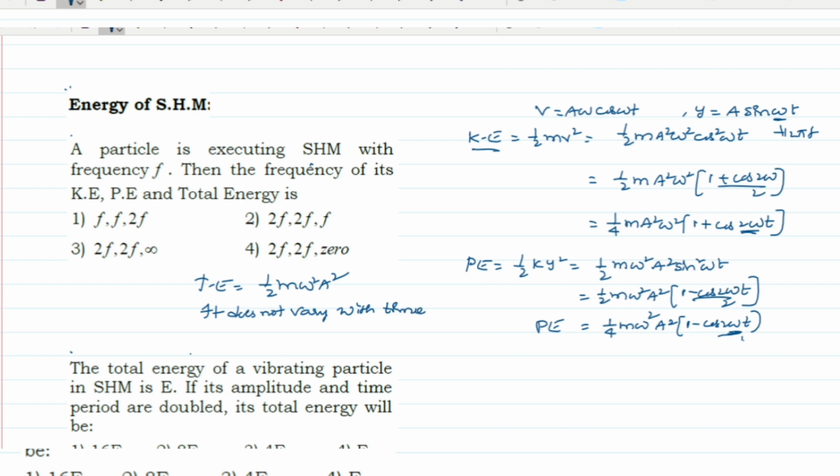So there is no change in it, and its frequency is considered as 0. If the particle is oscillating with frequency f, the kinetic energy varies with frequency 2f and the potential energy varies with frequency 2f, and the total energy is independent of distance as well as time, so its frequency value is 0. So the fourth one is the correct answer.